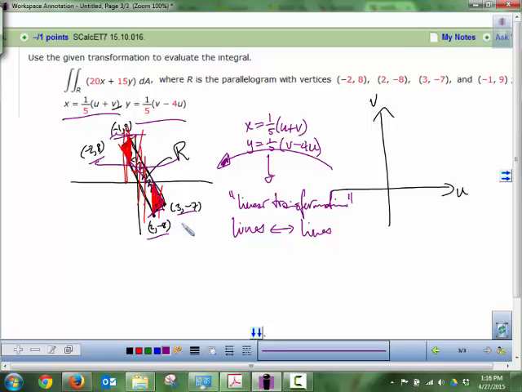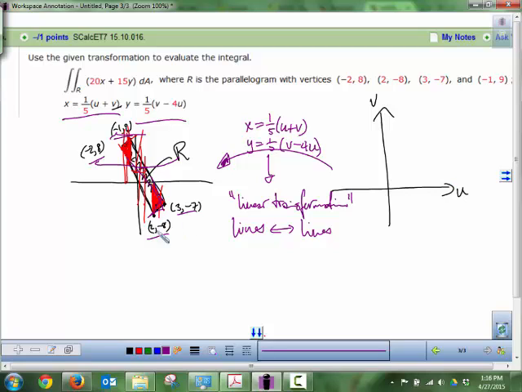Where do each of these points go? And I will plot those points. From these 4 points, I'm going to get 4 new points in U and V. And then I will just connect the dots and make a rectangle, hopefully a nice rectangle, within the U's and V's.